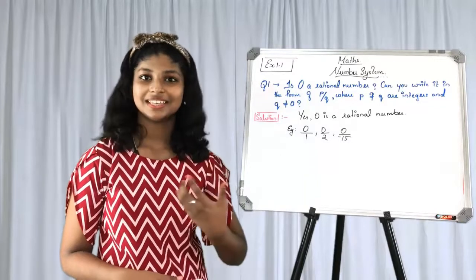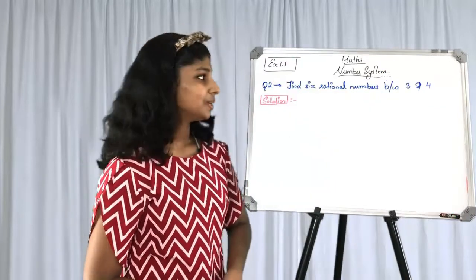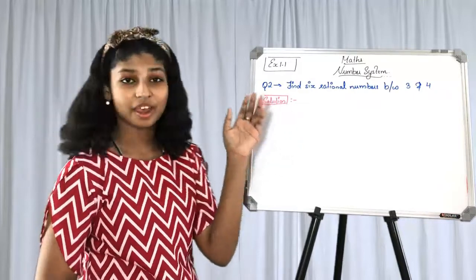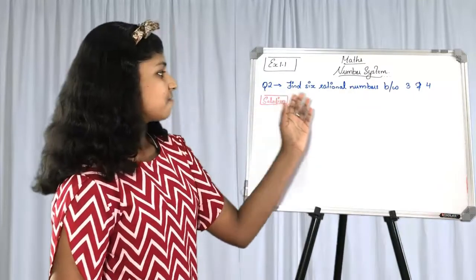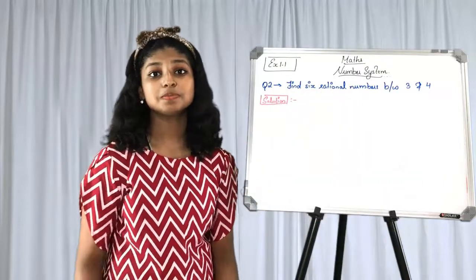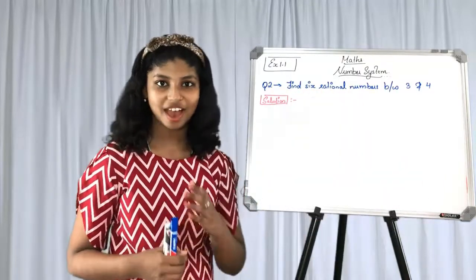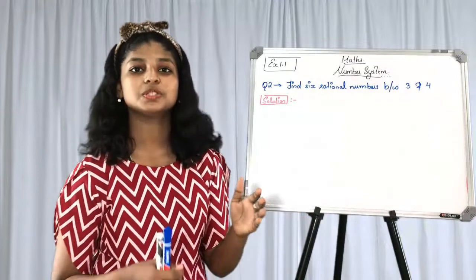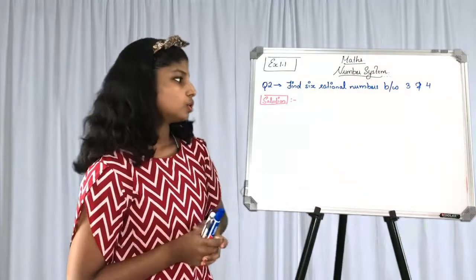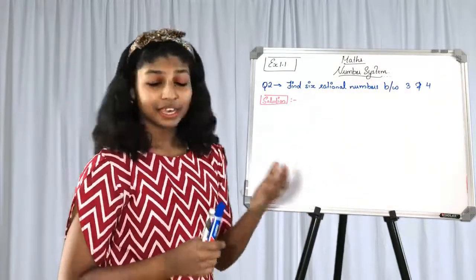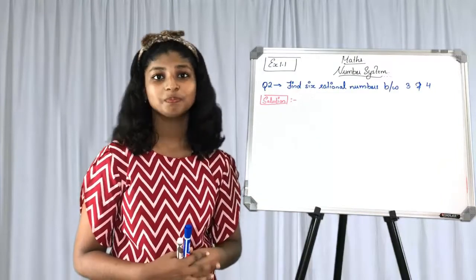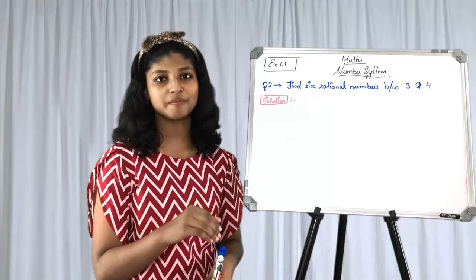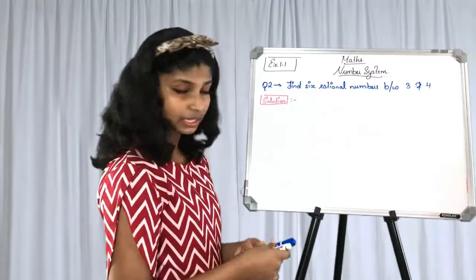Now let's look at the second question. The second question from exercise 1.1 is: find 6 rational numbers between 3 and 4. There are infinitely many rational numbers between 3 and 4, and now let's look at one of the methods to find 6 rational numbers.